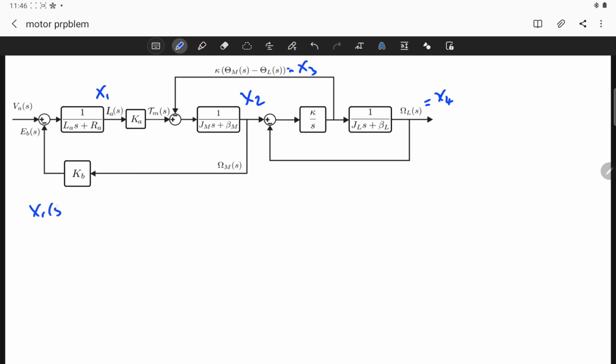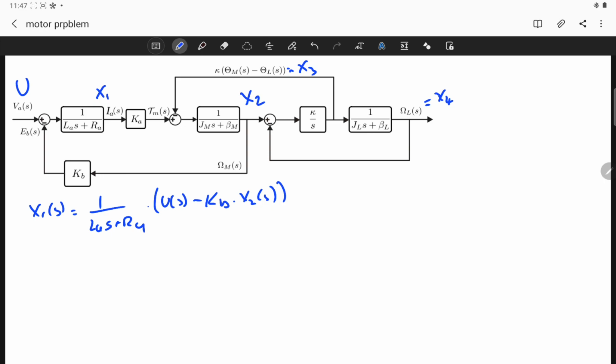x1 of s is equal to 1 over LA s plus RA, multiplied with VA. VA is our input, we know that, U of s minus EB of s. But EB of s is not a state, right? Instead, we write it like this, KB times x2 of s. As you can see, x1 in the Laplace domain depends on the input and x2, which is good for writing a state equation.